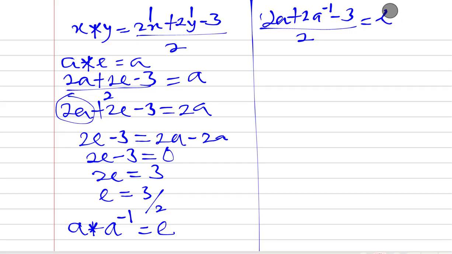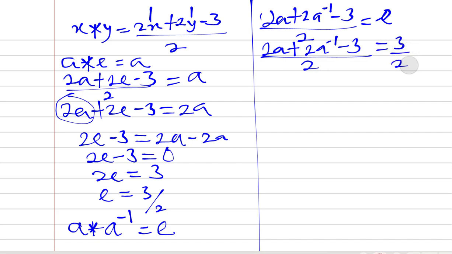And what's our e here? Our e is 3 over 2. So that means I will have 2a plus 2a inverse minus 3 all over 2 equal to 3 over 2. Are you seeing that?